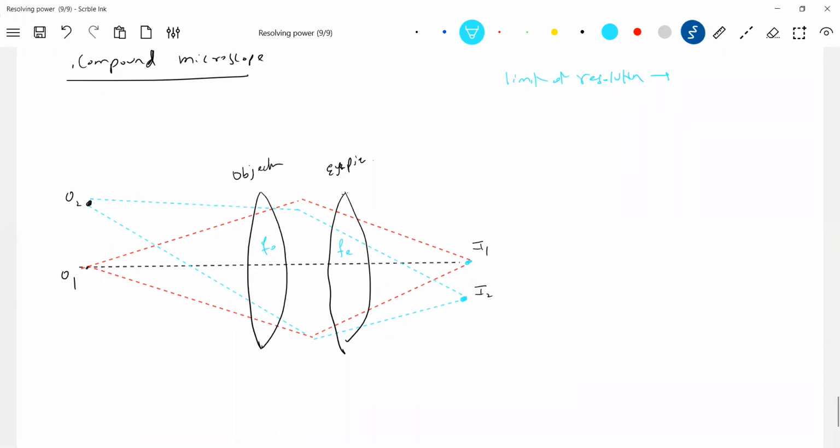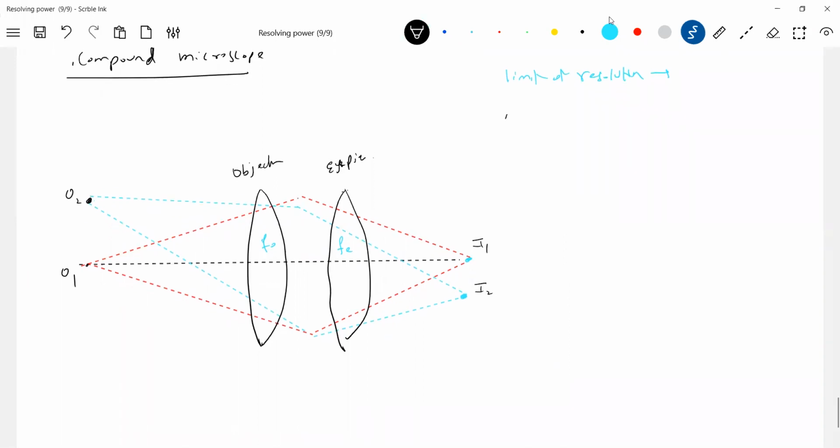I'll give one more diagram. This is the eyepiece, this is the objective. This is some insect which has to be viewed, and here I'll take a bulb as the source of light.